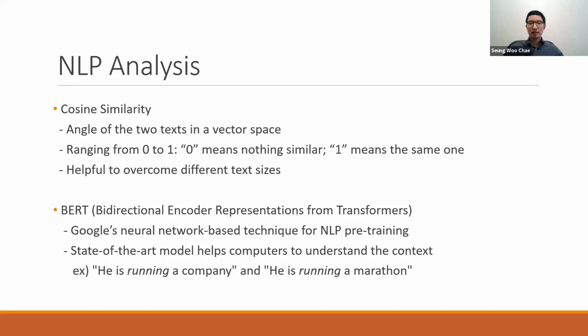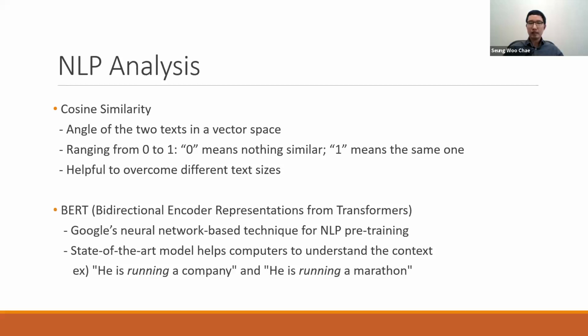So about NLP analysis, I should unavoidably skip a number of parts, as most of them are beyond our common interest. However, I'd like to share the most important two things. First, the index I used for the similarity score is Cosine Similarity, which measures the angle of the two text sets in a vector space after vectorizing the text.